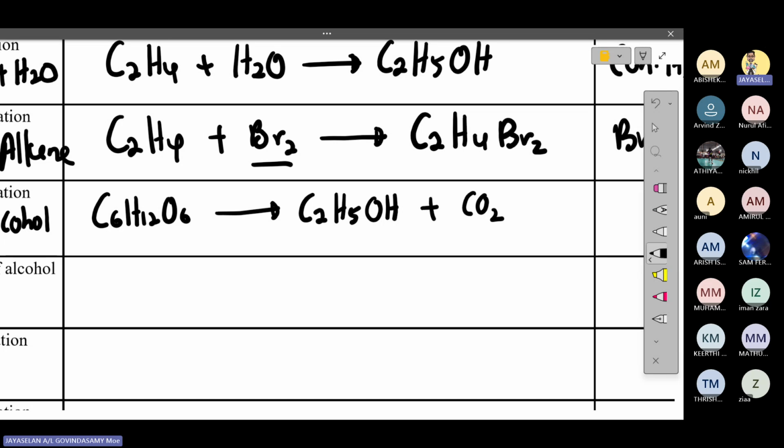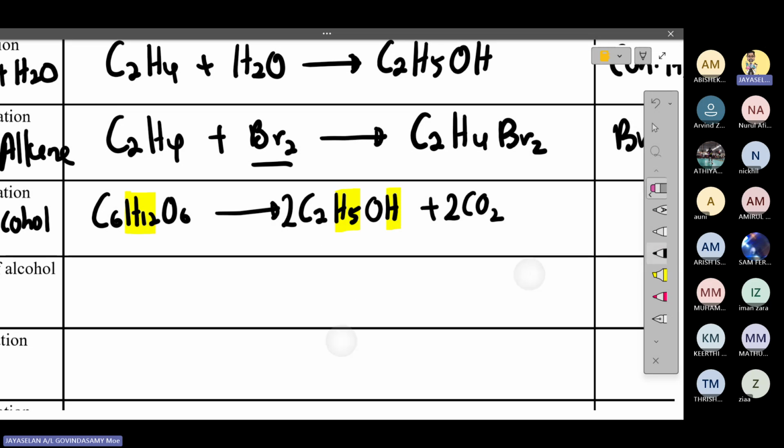Any question? How to balance the equation? I have repeated this many times, I repeat again. Hydrogen 12, 5 plus 1 is 6, so you make it 2 here. Hydrogen is balanced. Then you balance carbon: carbon 6, 4 plus 2 is 6. Oxygen you don't need to balance; it will balance by itself.